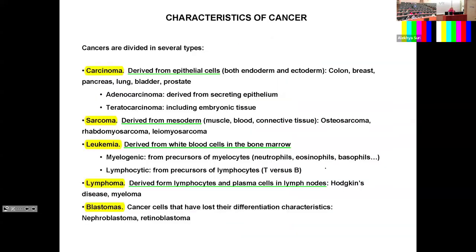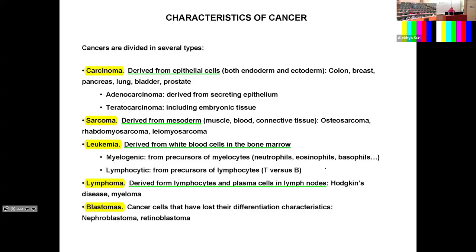And this next one I want to show you, well, we went through some definitions previously. So this is just to show you a group. I don't expect you to remember all the details, adenocarcinoma and so on, but this is for your information. What I want you to know is that carcinomas are tumors that derive from epithelial cells. Then you have the sarcomas, derived from the mesoderm. Then you have leukemias and lymphomas, which we will not talk about. They derive from cells, for example, the white blood cells in the bone marrow, and the lymphocytes and plasma cells in the lymph nodes.